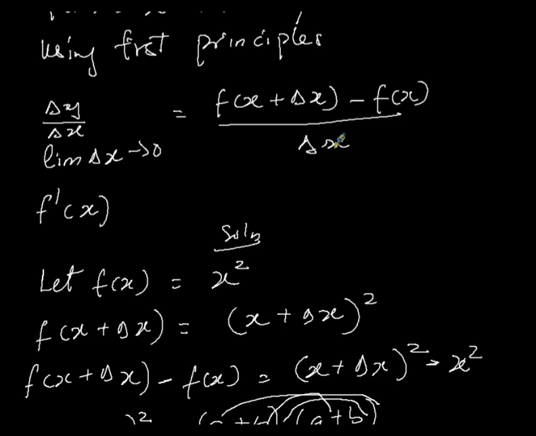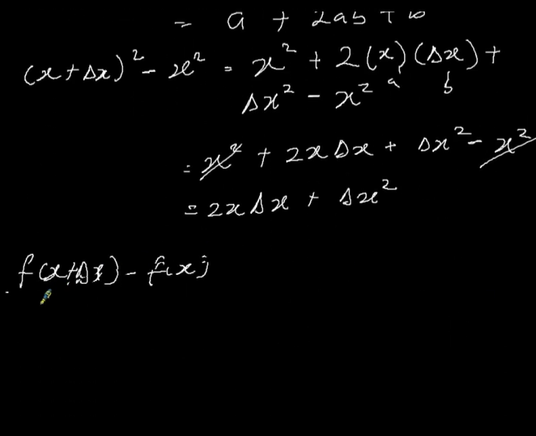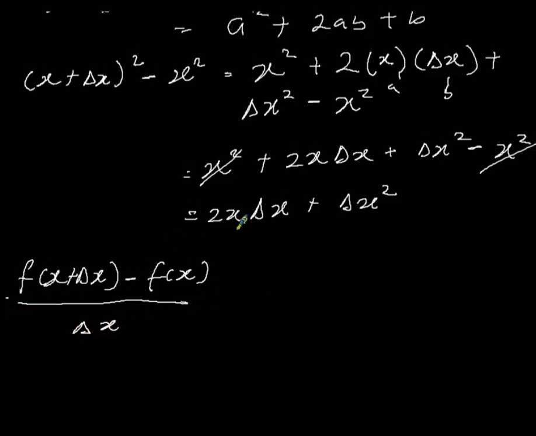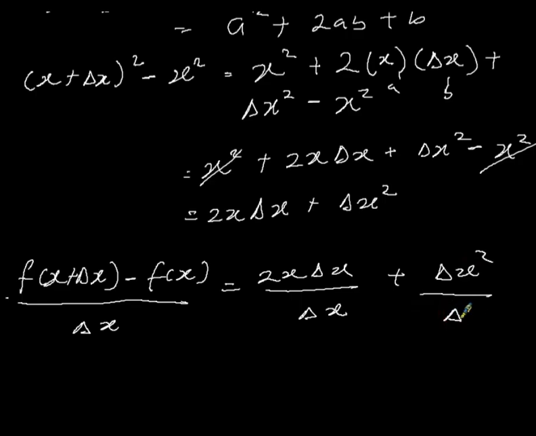Okay, it's remaining to divide by change in x. So let's do that. If we say divided by change in x, this means that we are going to divide this entire expression that is left here by change in x, and so it's going to give us 2x change in x all over change in x plus change in x squared all over change in x.